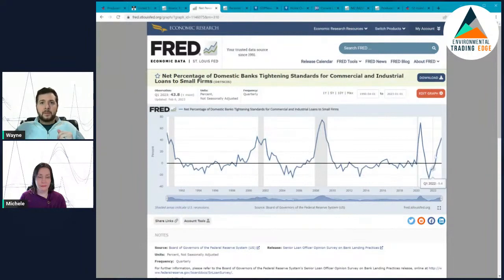Right now, banks are actually tightening standards, and they're as high as they've ever been, all the way back to 2000. COVID was way up here, right? That's a very bad situation. And then here you are in the 90s, right? So in 1994 and 5 was that soft landing that they did with high inflation. Remember that?